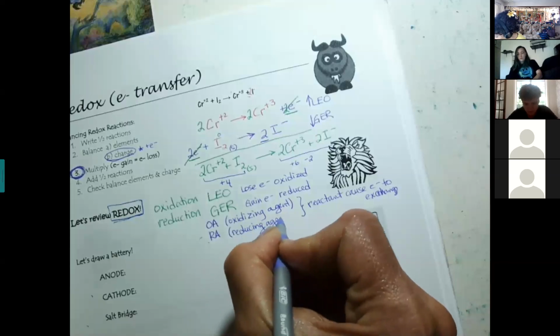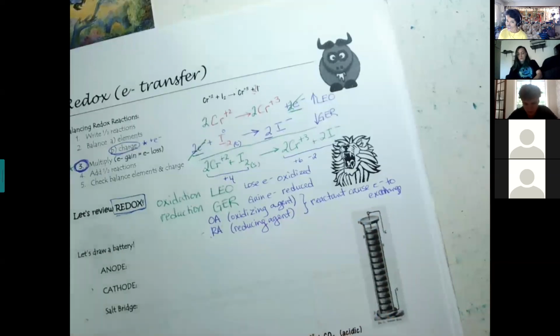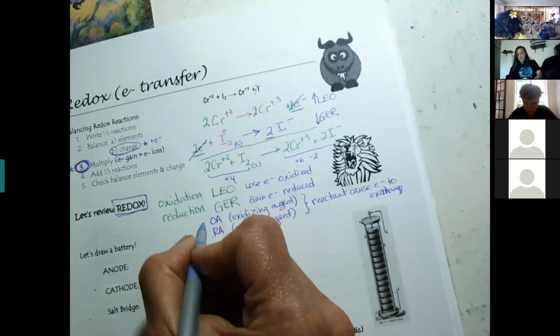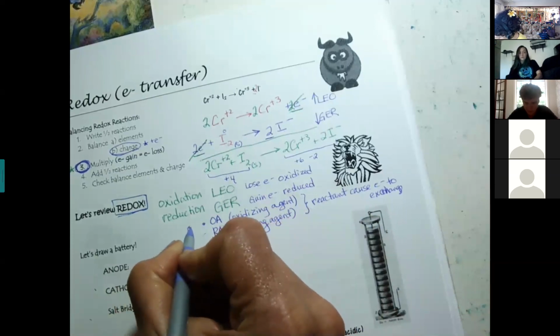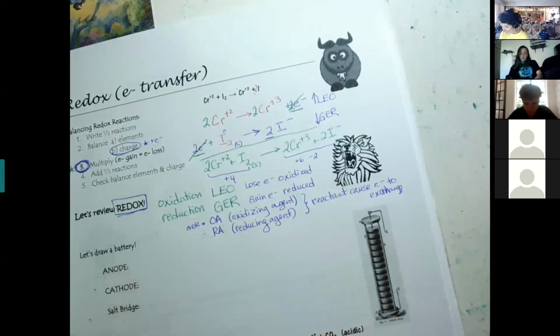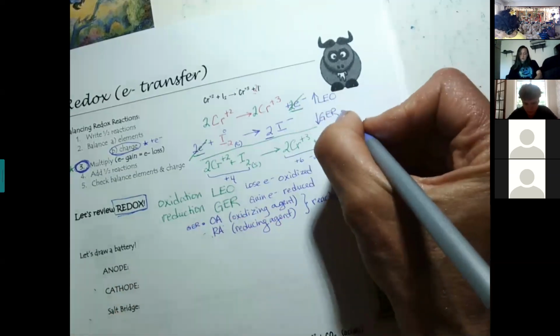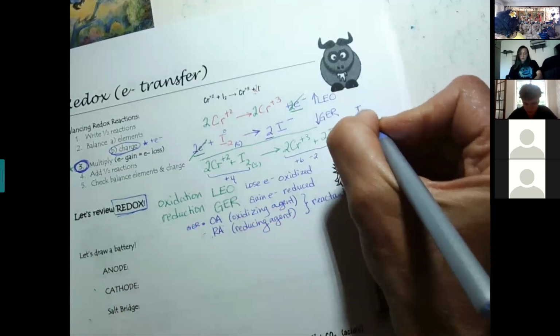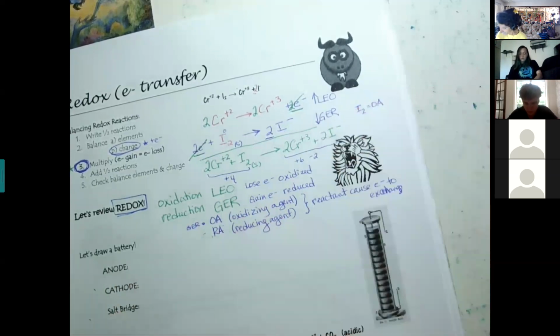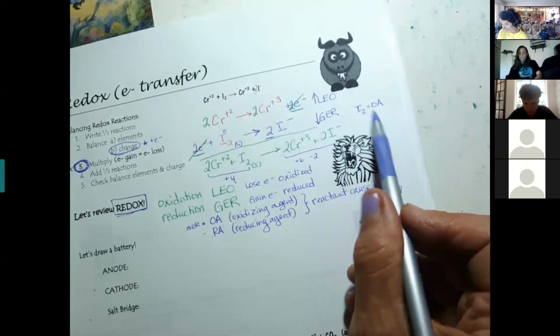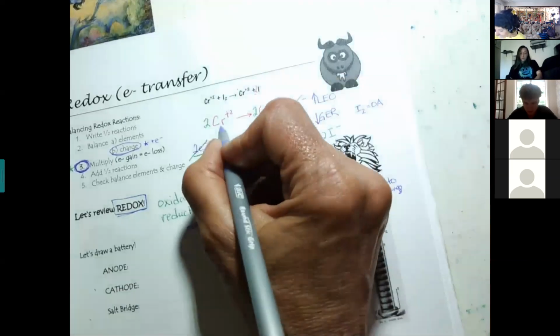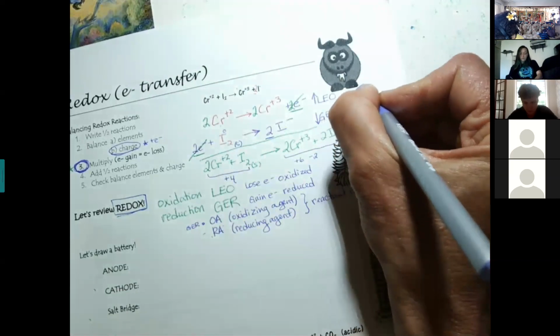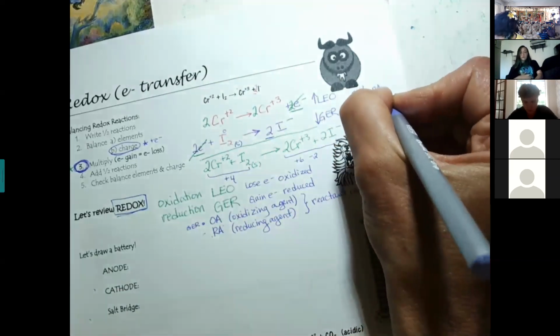So the oxidizing agent is the reagent that caused oxidation to happen, that caused something else to lose electrons. So the oxidizing agent always gains electrons. So your GER is always your oxidizing agent, and the reducing agent is opposite. So the I2 is our oxidizing agent. Whatever is your GER is your oxidizing agent. Your LEO then, on the reactant side, the chromium with the +2, is your reducing agent.